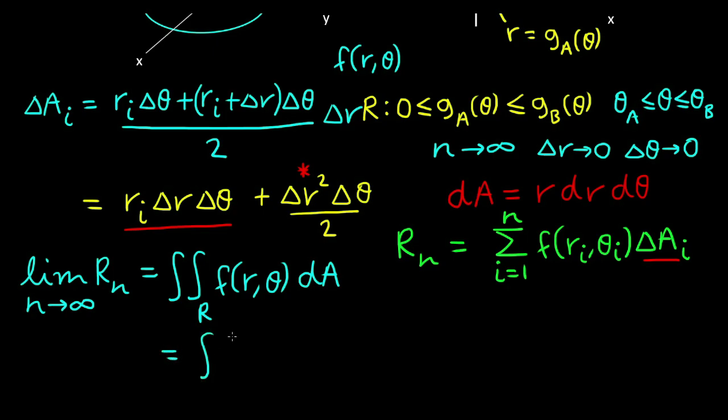So we have the double integral of the function multiplied by r, over r and then over theta, which is the iterated integral in polar form.